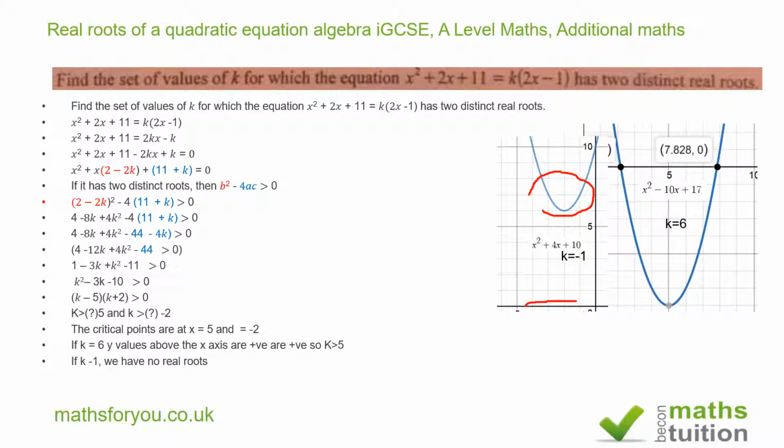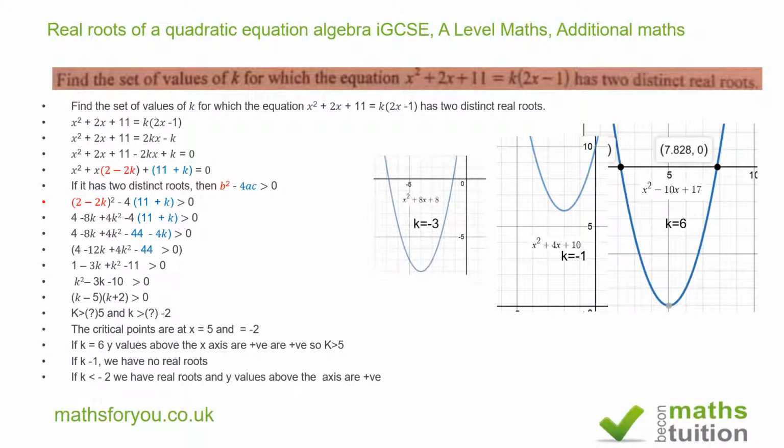So it seems to me that anything between minus 2 and plus 5 will not be valid in this case. So let's try when k is minus 3. When k is minus 3, which is less than minus 2, we end up with this graph, and note that it crosses the x-axis at two distinct points there.